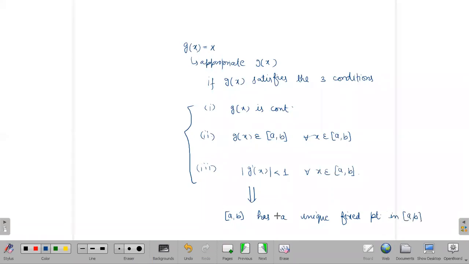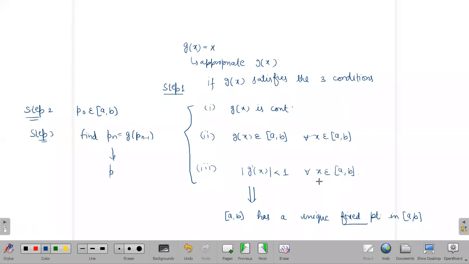So now how to find that fixed point? That is the second step; this was your first step. In the second step, you have to take one point and then find the sequence, which is given by g at p_{n-1}, and that will converge to your p value.